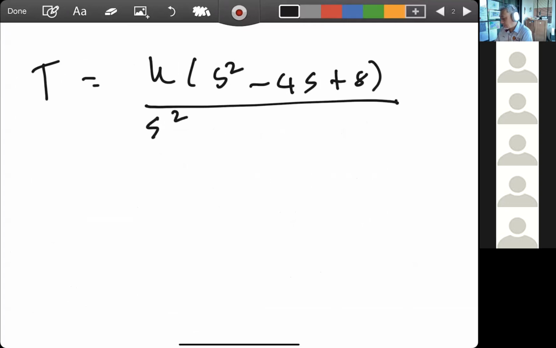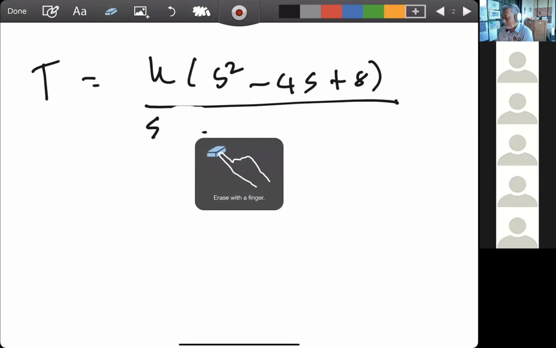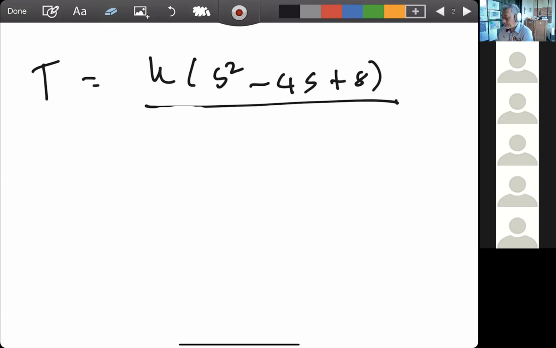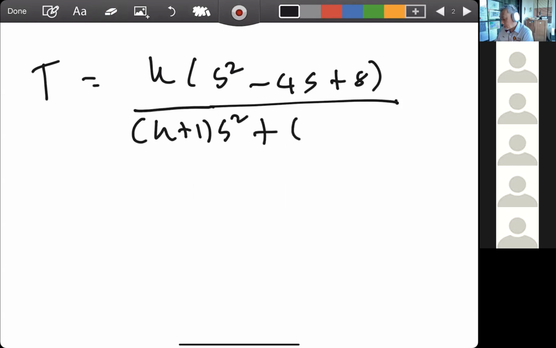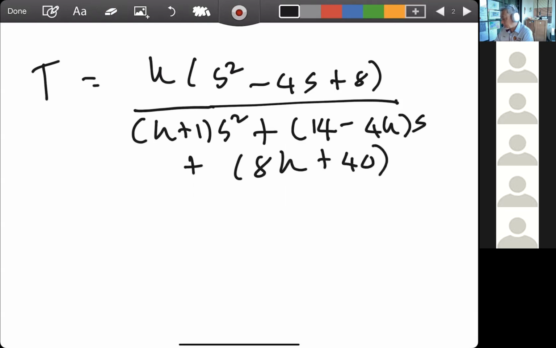s² plus (K plus 1)s² plus (14 minus 4K)s plus (8K plus 40).